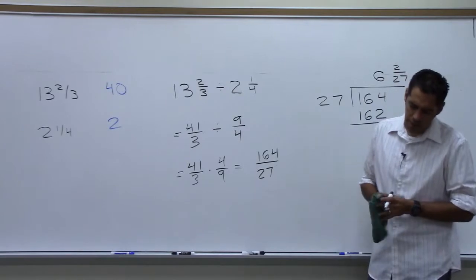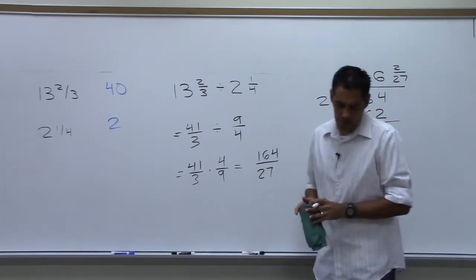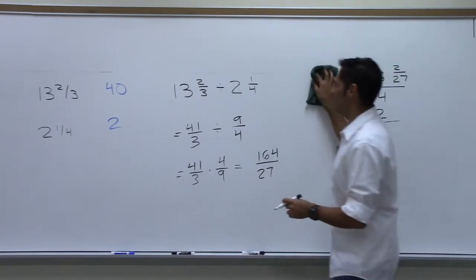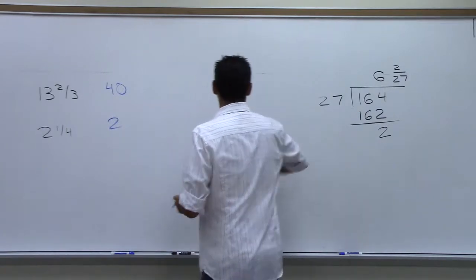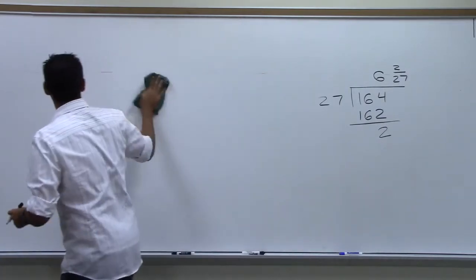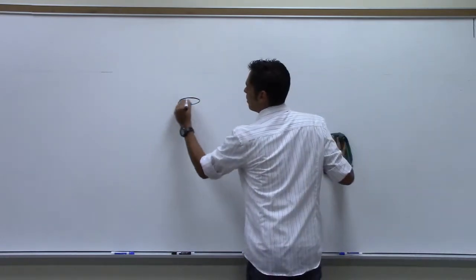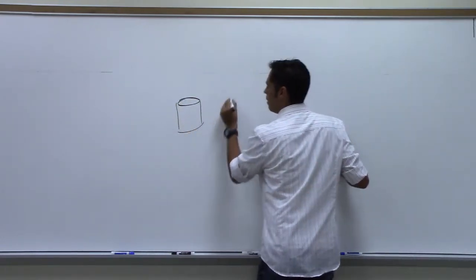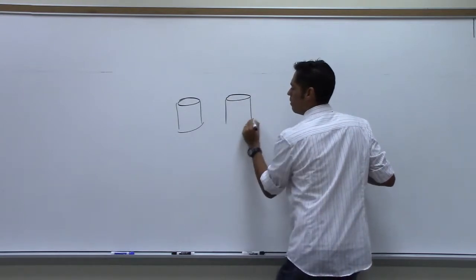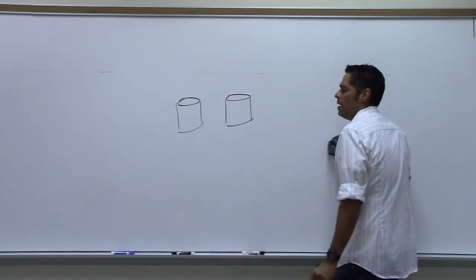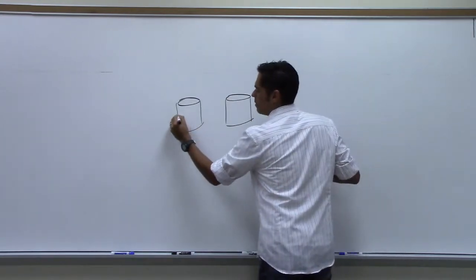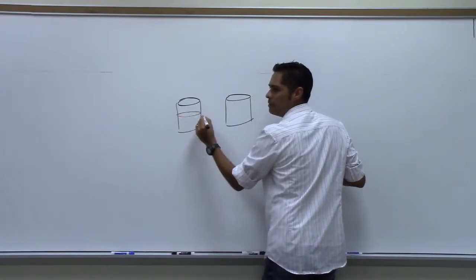So how many 3/4 cup servings are in 2/3 cups of yogurt? What's hopefully glaring at you in that question is that if I were to take a measuring cup, here's 2 of them, then this would be about half, right?